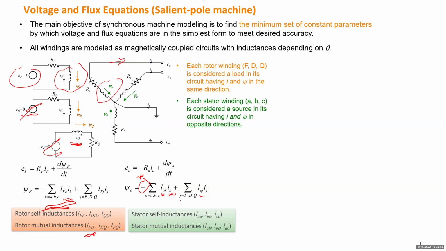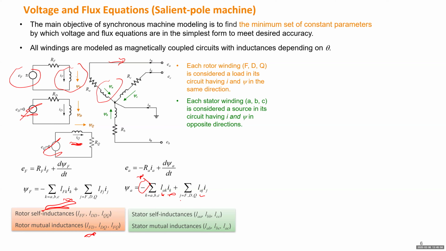All right, for the self and mutual inductances of the stator, we also have a lot of L's. Each L has two subscripts, and they're both lowercase. The letters indicate whether they are self-inductances or mutual inductances.